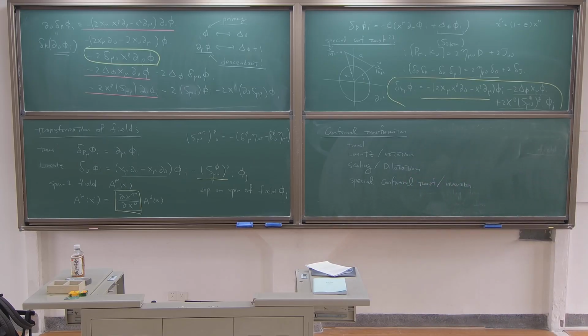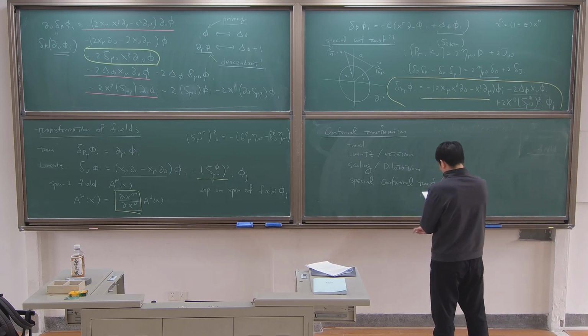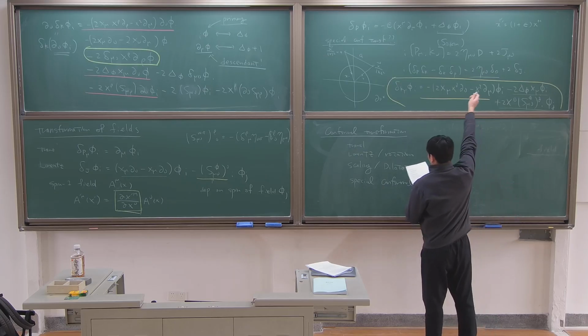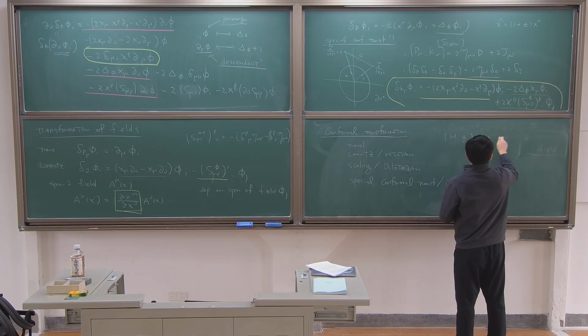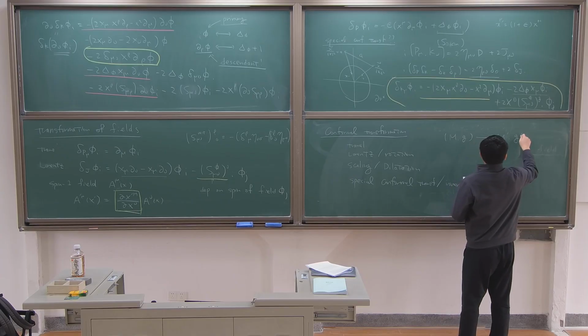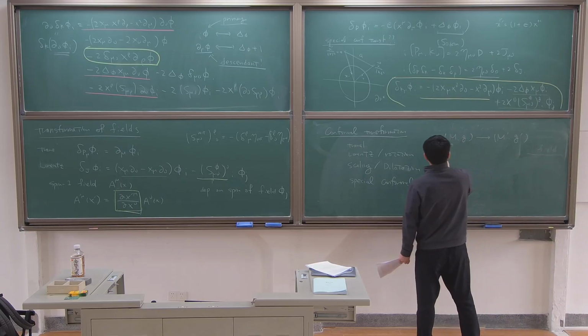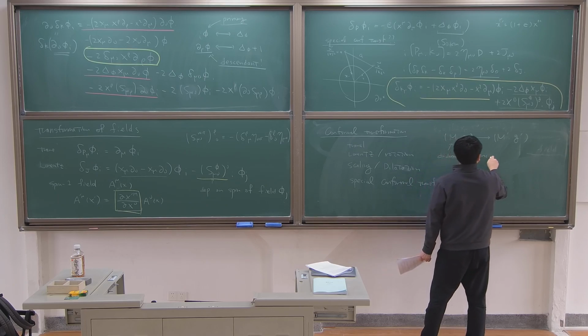And how do you characterize a conformal transformation? If you consider the metric of the space-time, two Riemannian spaces, M and M prime with metrics G and G prime. This is the D-dimensional space, and this is the metric.